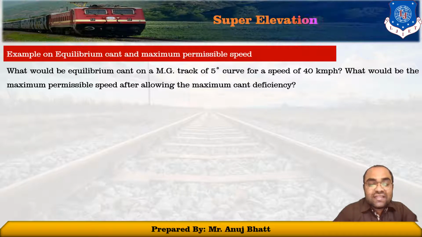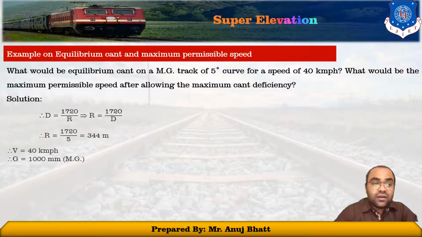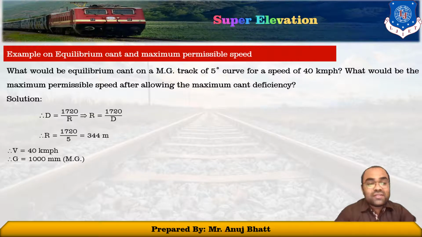First of all, let's see the given data. Here the degree of the curve is given. From the degree of curve, we can find out the radius of that curve. For that, we have the formula D = 1720/R.